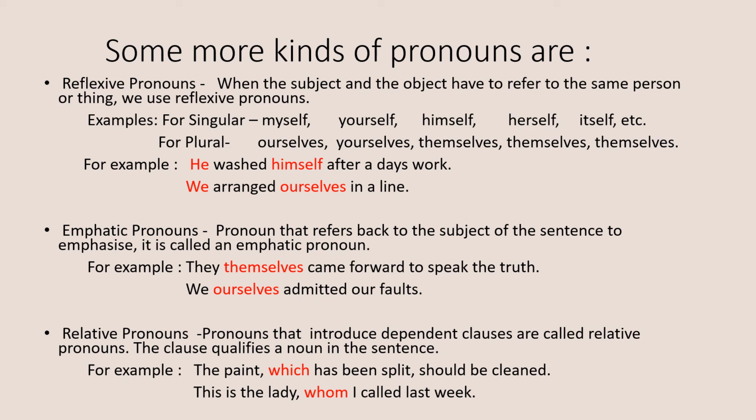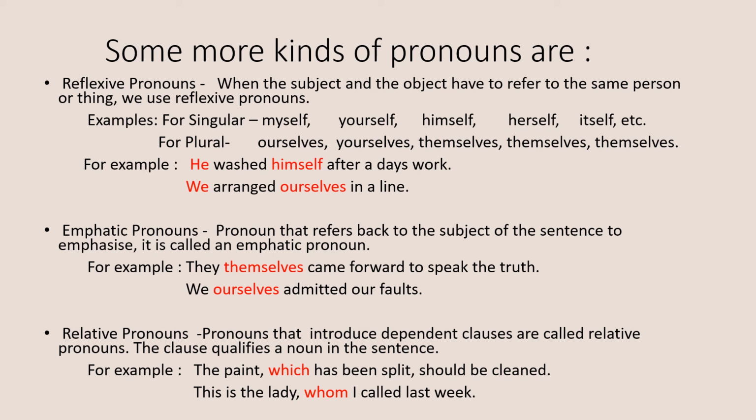Okay. So for your class, you have more than four kinds of pronouns. Personal pronouns, possessive pronouns, interrogative pronouns, demonstrative pronouns, you already completed last year, the year before, so that is easy, you know.